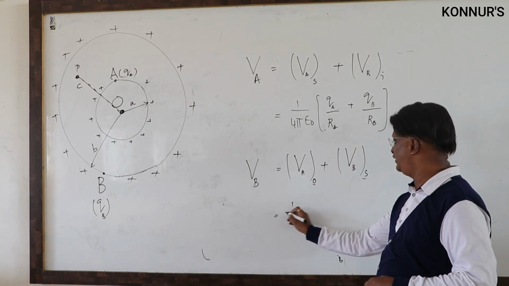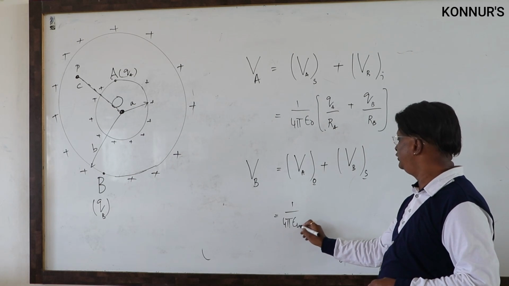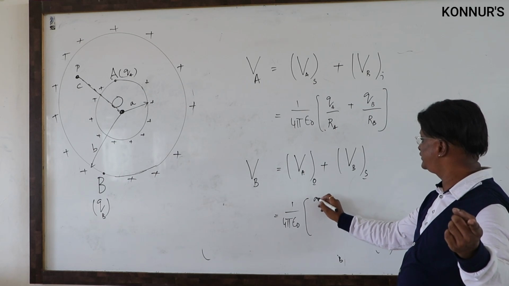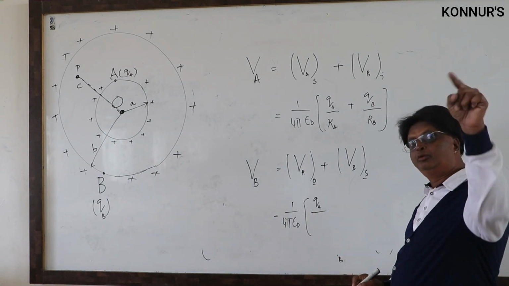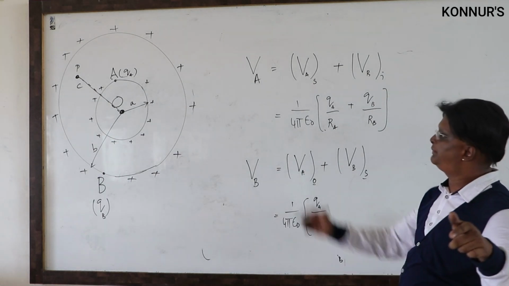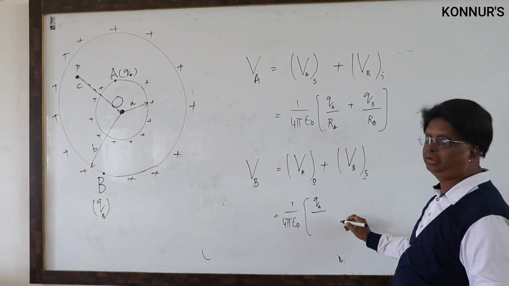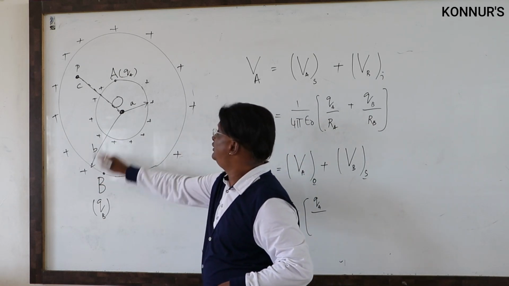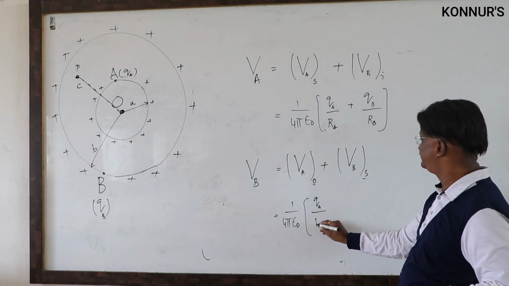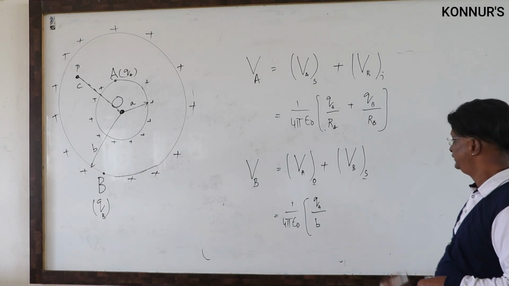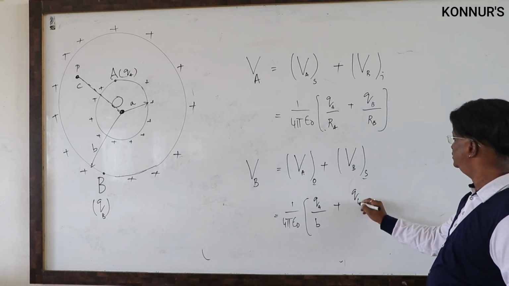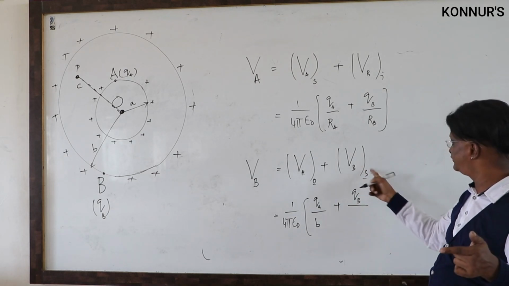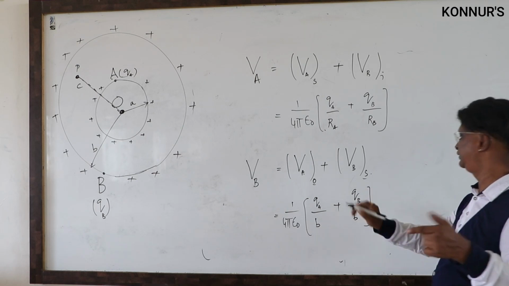So one more time, 1 by 4 pi epsilon naught. Now for A it is an outside point. Remember, it is an outside point, therefore I will take the distance of the outside point from the common center, which happens to be, yes, look here, this is B, an outside point for A, therefore I will write the distance from the common center, which is b. And plus QB on the surface, remember KQ by capital R, the radius of B is small b.